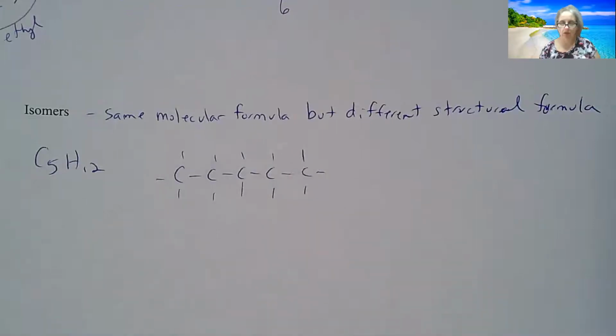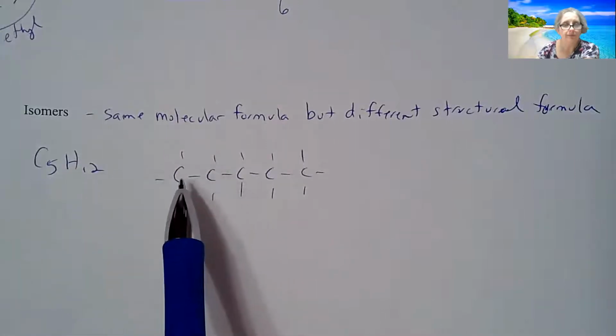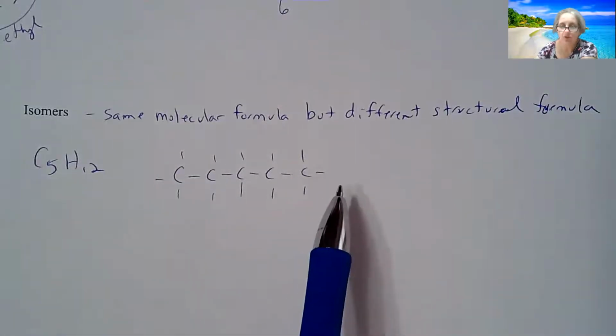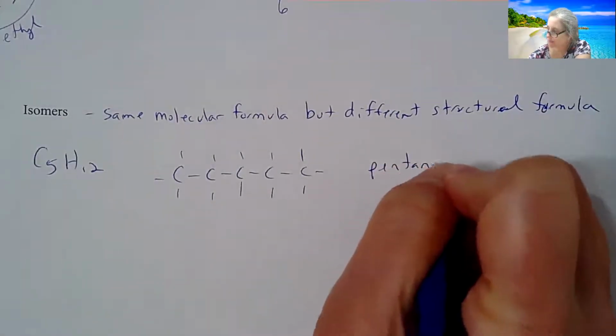So I'm going to explain it talking about alkanes first, and then I'm going to go to alkenes and maybe alkynes. We'll see timing-wise. So if I take C5H12 and I put it in what we call a straight chain format, I would call this molecule pentane.